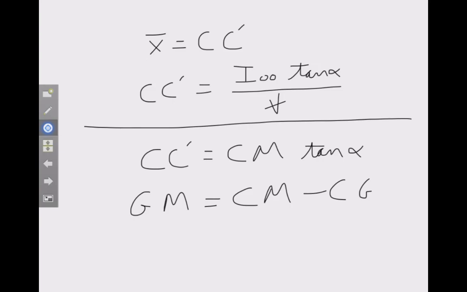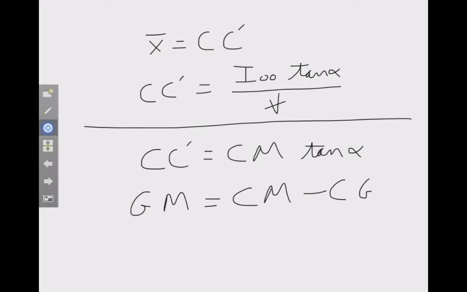And we now combine the equations. We note again that CM is going to be equal to the area moment of inertia over the displaced volume, and so we can plug that in here.